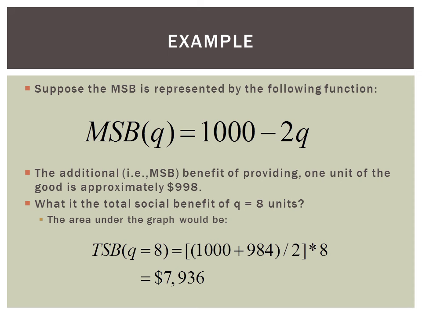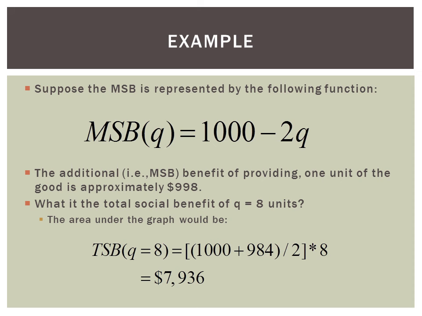The additional, i.e., the marginal social benefit of providing 1 unit of the good, if we let Q be equal to 1 in that equation, I would get a value of $98. And then we can ask the question, what's the total social benefit of providing 8 units?